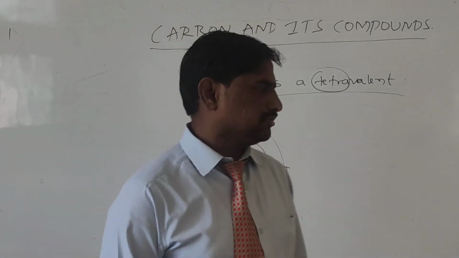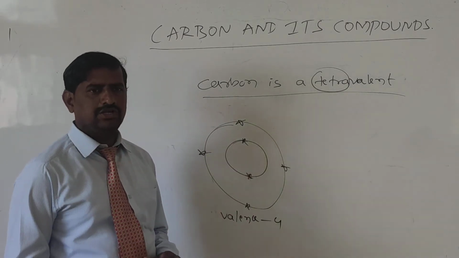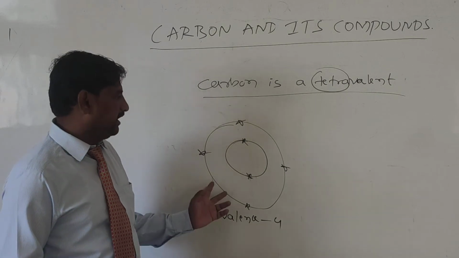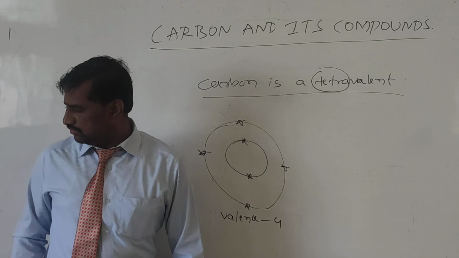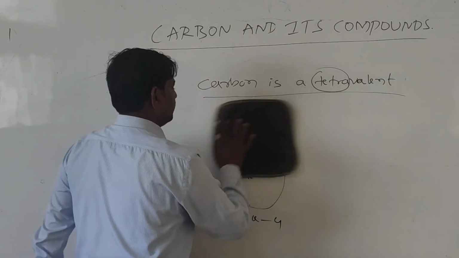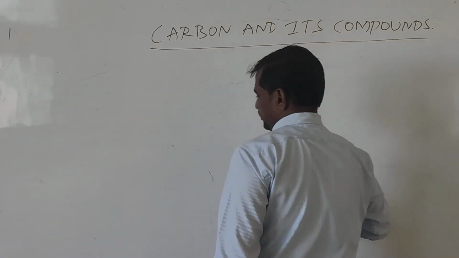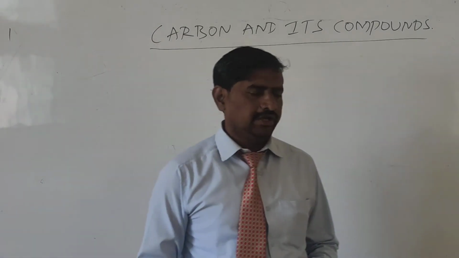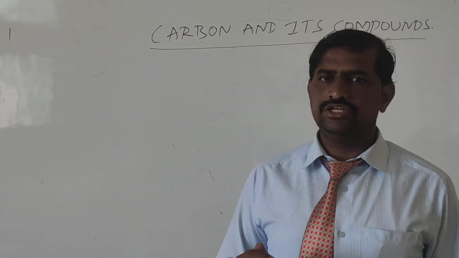Because carbon is tetravalent and it is not easy to gain 4 electrons or to lose 4 electrons, carbon shows the special property called covalency. In covalent compounds, if one pair of electrons is shared between 2 atoms, it is a single bond.